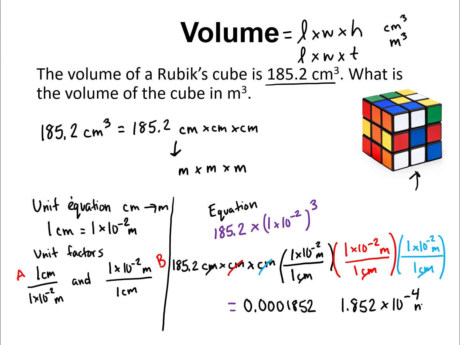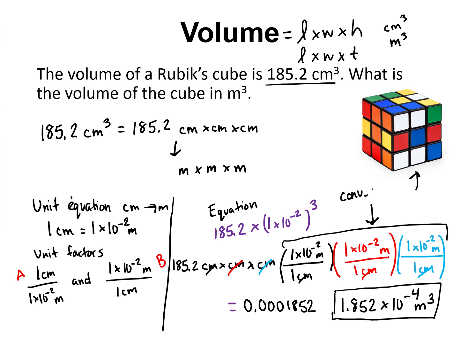And that's meters cubed. But the crux of this whole thing is understanding this part: to convert centimeters cubed to meters cubed. Let me know how we feel about this. I have a practice for you to do. So if you just want to try the practice, let me know that. If you need to go through this again, let me know that.